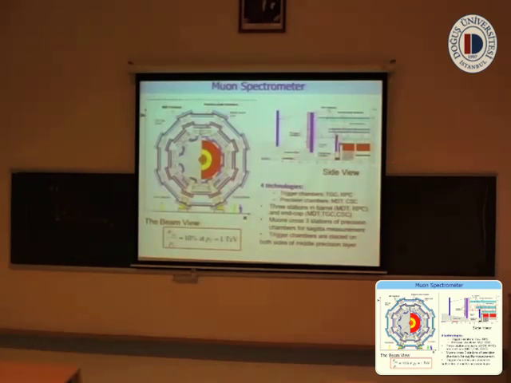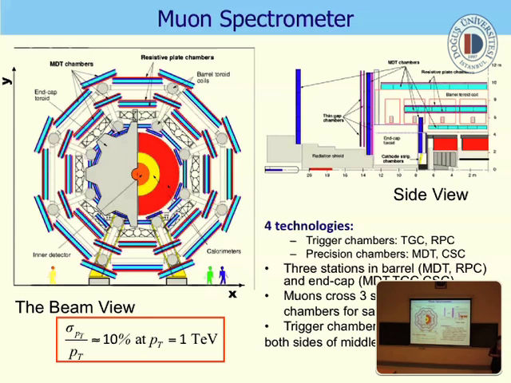We have 4 different technologies for the Muon spectrometer, because we have 2 different types: a Muon spectrometer for triggering, which we already talked about, in order to say that we have a muon. And then we have 2 types of detectors for precision measurement, in order to measure precisely the momentum of muons.